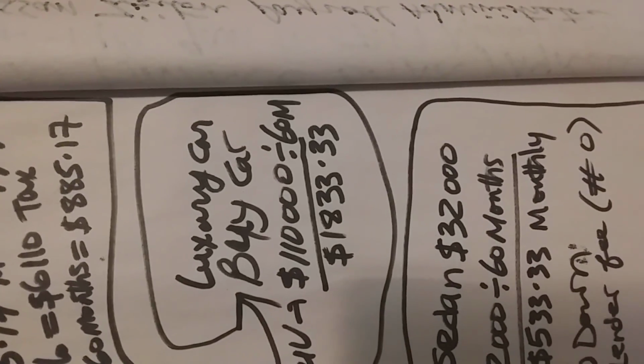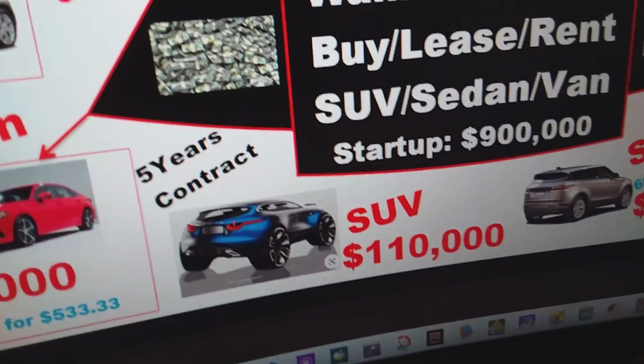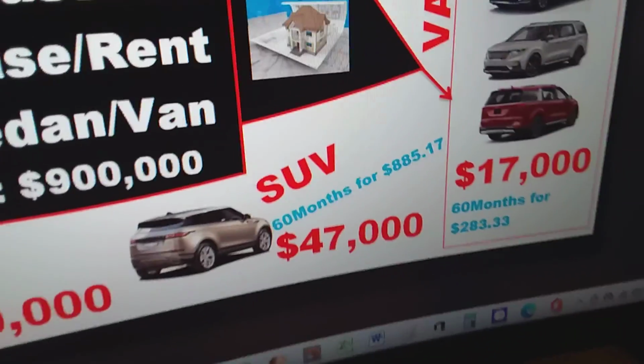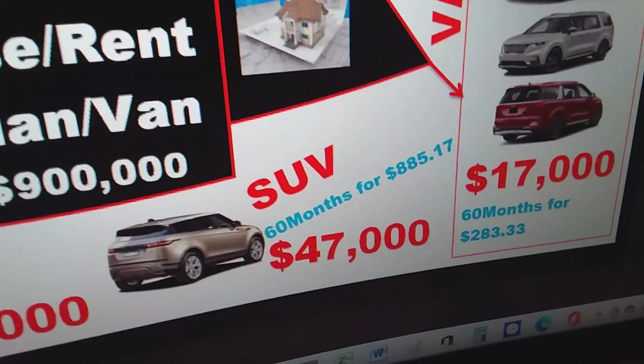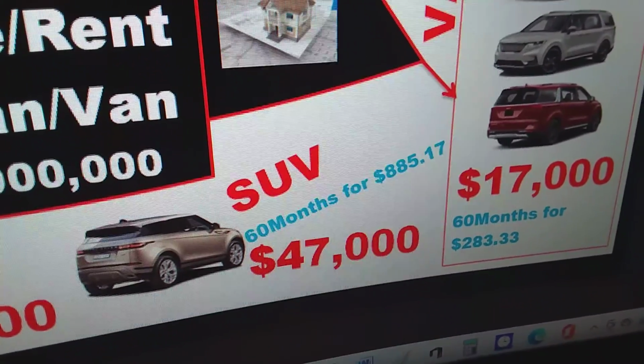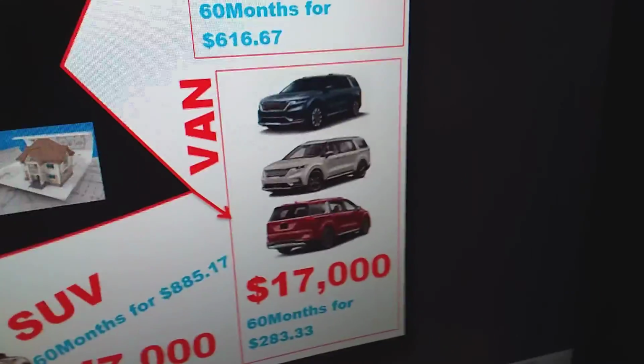You can see luxury cars: $1,833.33 for these divisions, and for this one, roughly $885.17 for 60 months.